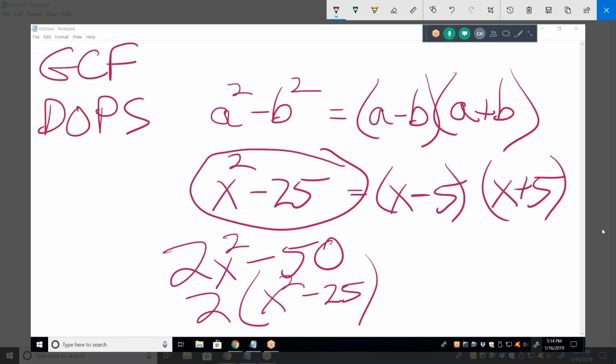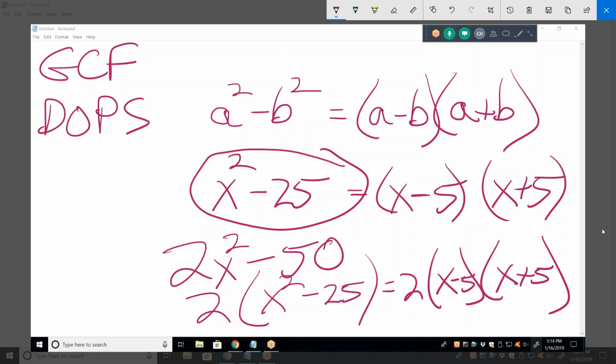Now that's the difference of perfect squares. So now it's 2 times x minus 5 times x plus 5. So always keep in mind this greatest common factor, because the greatest common factor usually will simplify the problem.